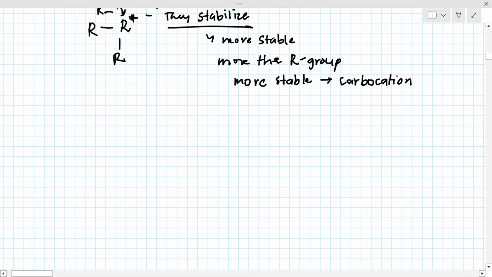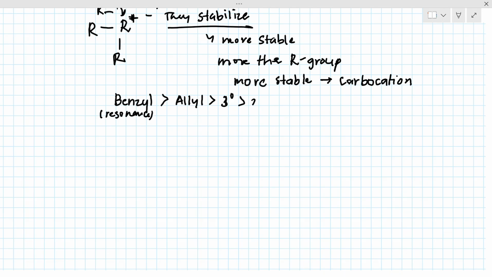So the reactivity order goes like benzyl, since it has a benzene ring, so resonance is also there. Then allyl, then tertiary, secondary and primary.